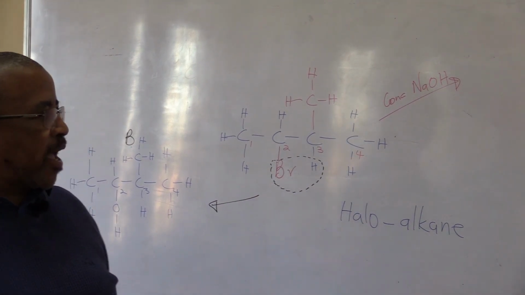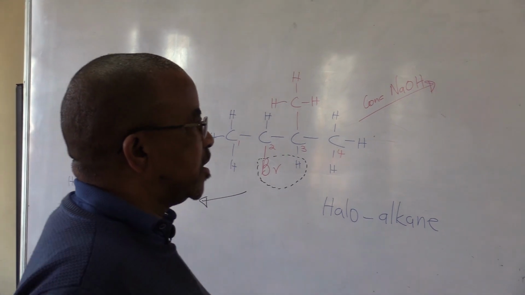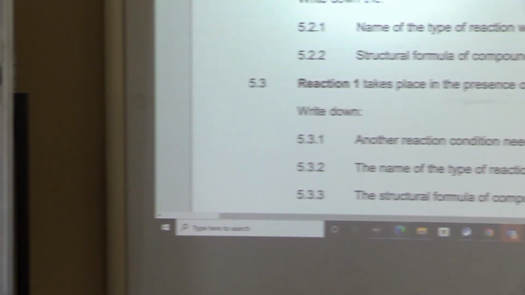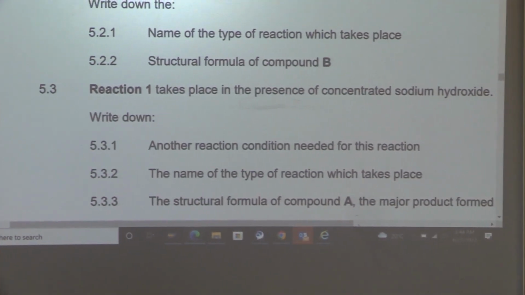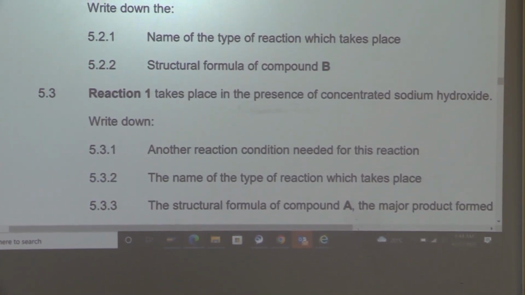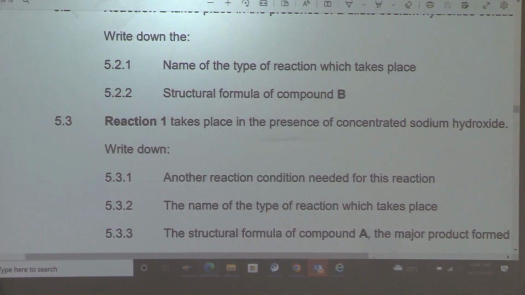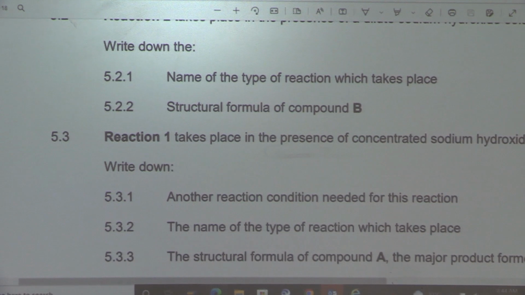So they ask for another reaction condition needed for this reaction, which takes place in the presence of concentrated sodium hydroxide. Write down another reaction condition. You have to heat the solution.